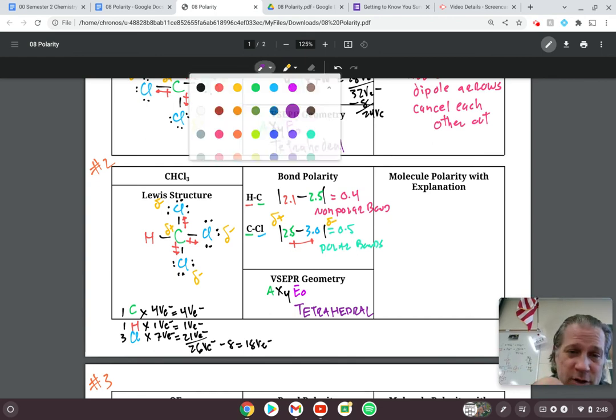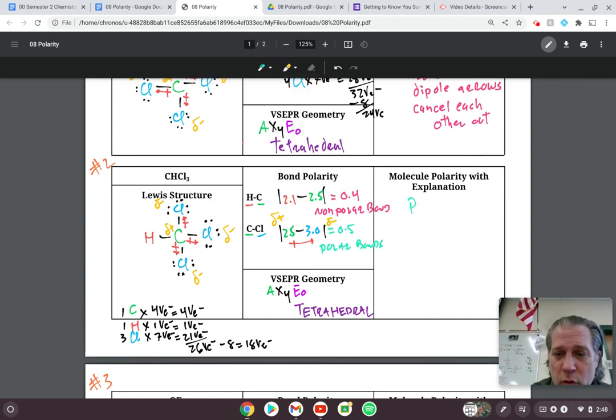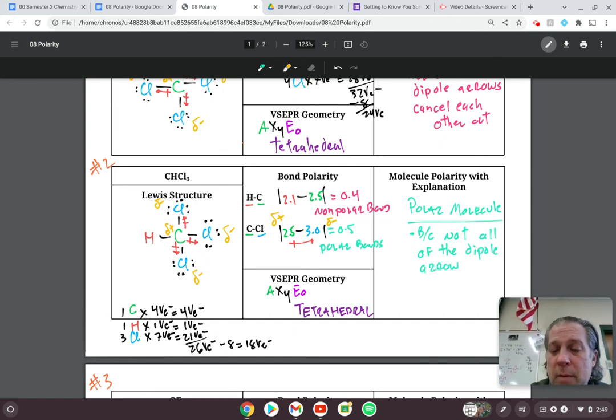So that means that this whole structure is going to be a polar molecule, because not all of the arrows are canceled out. And specifically, we're talking about that one arrow that's pointing to the right.